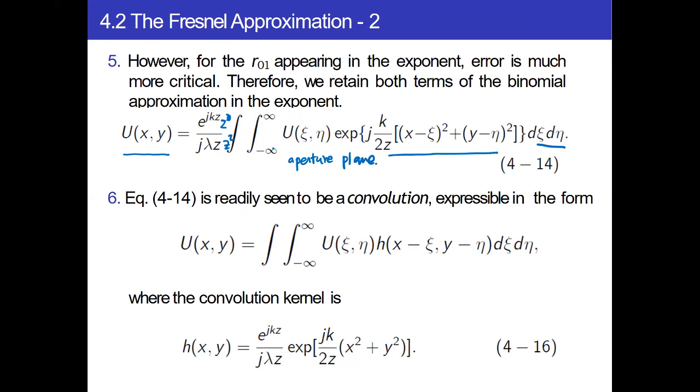So now this is the very important form. Our scalar field at the observation point U(x,y) is given by the integral of our field at the aperture plane times this quadratic phase, okay? But if you look at it more closely, then it looks like a kind of convolution: U(xi, eta) times h(x minus xi, y minus eta).